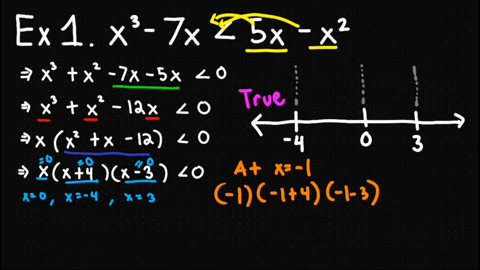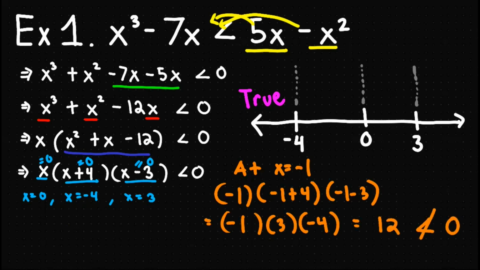And this will give us -1 times 3 times -4. This simplifies to 12. And this is not less than 0, so it does not match our inequality. Therefore, we can conclude that this region out here is false.